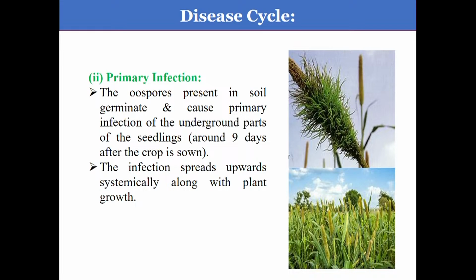The infection spreads upwards systemically along with the plant growth. Basically the pathogens affect the lower surface of the leaves in contact with the soil at the time of germination, and after that the pathogens move in an upward direction through the plant.